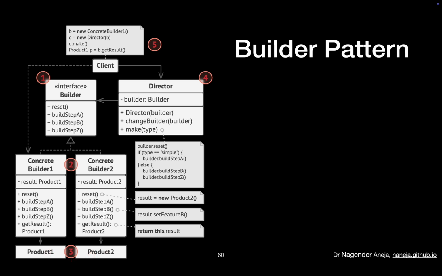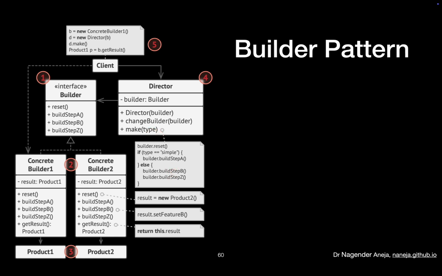Then we have the director. The director will have some builder, which builder to be used, and we associate it with this. You can also change the builder and then make something. So make first resets the builder, and then if the type is simple, then build step A, else build step B or build step Z. So you can have different products here.